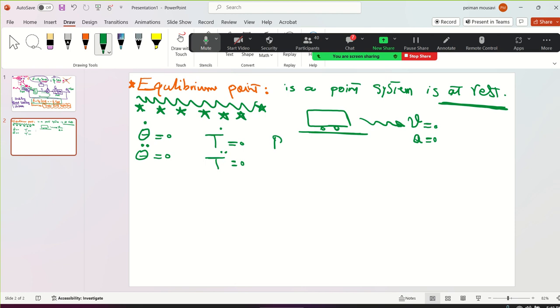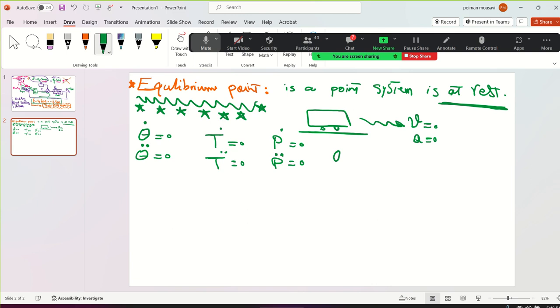If it is the pressure of a tank, P dot is zero and P double dot is zero. The terms that are changing with time are zero because your system is at the equilibrium point, at rest. So let's go back here.